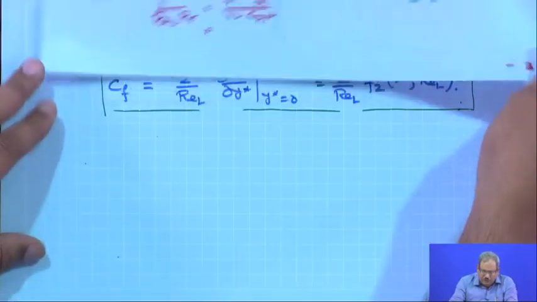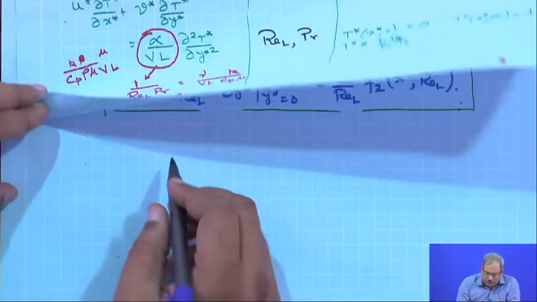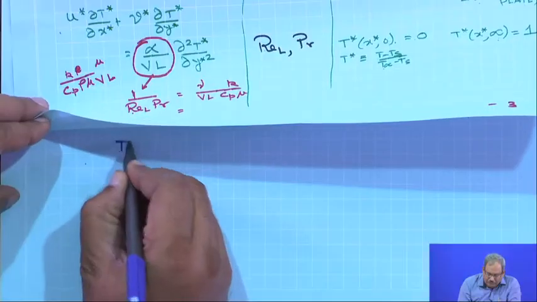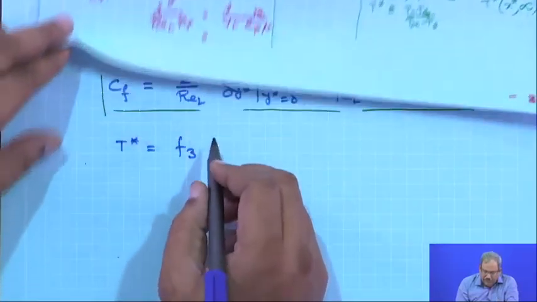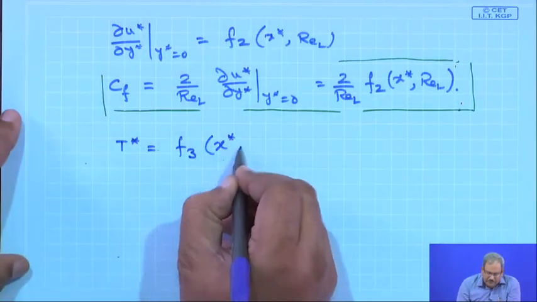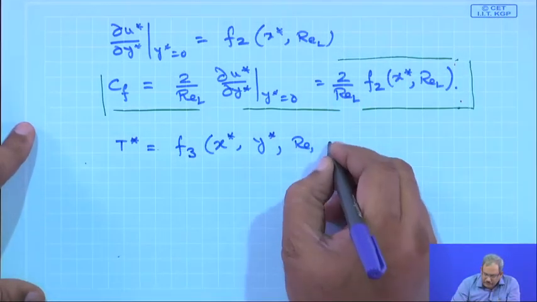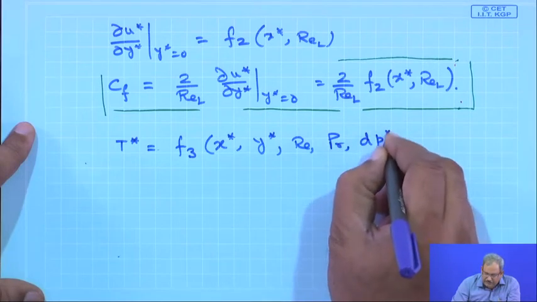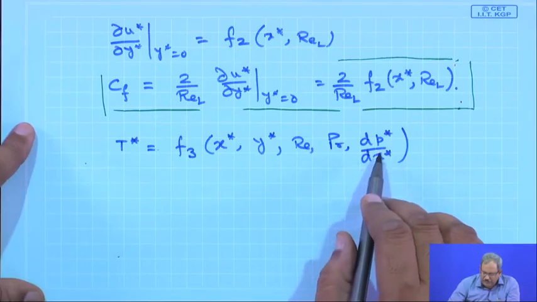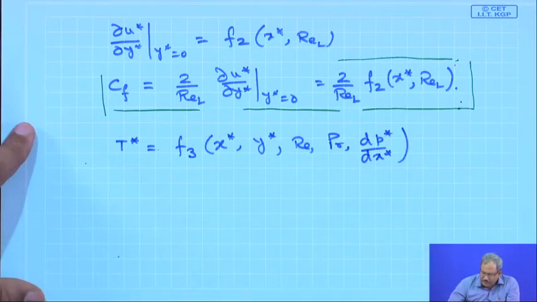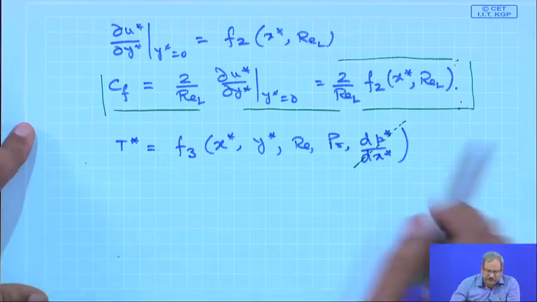Therefore, based on the knowledge of this governing equation, one should be able to write the functional form T* equal to a function f3 of x*, y*, Reynolds number, Prandtl number and dp*/dx*. This dp*/dx* I am keeping just to make it complete, but we understand that for a prescribed geometry I can drop it.